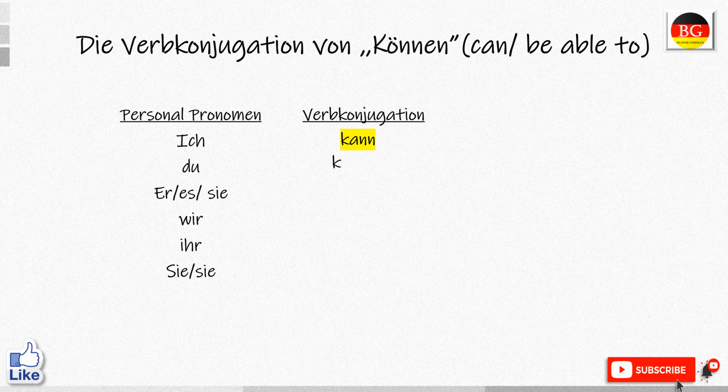Ich kann, du kannst, sie kann, wir können, ihr könnt, sie können. Here you have seen the verb conjugation for ich and sie are the same. That is, for ich it is kann and for sie it is kann.